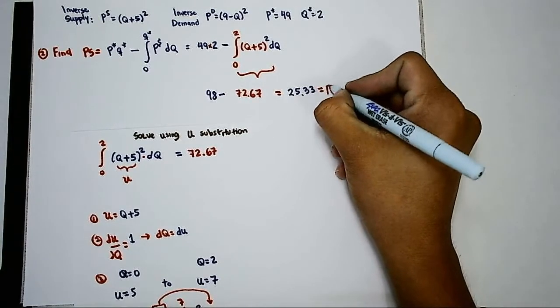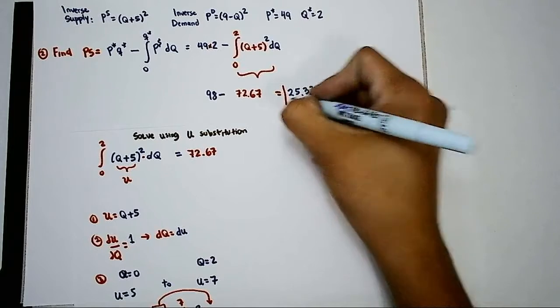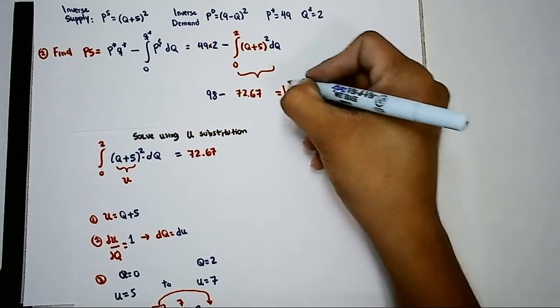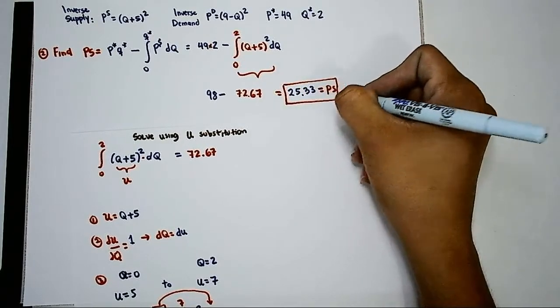This means that the producer surplus is 25.33.